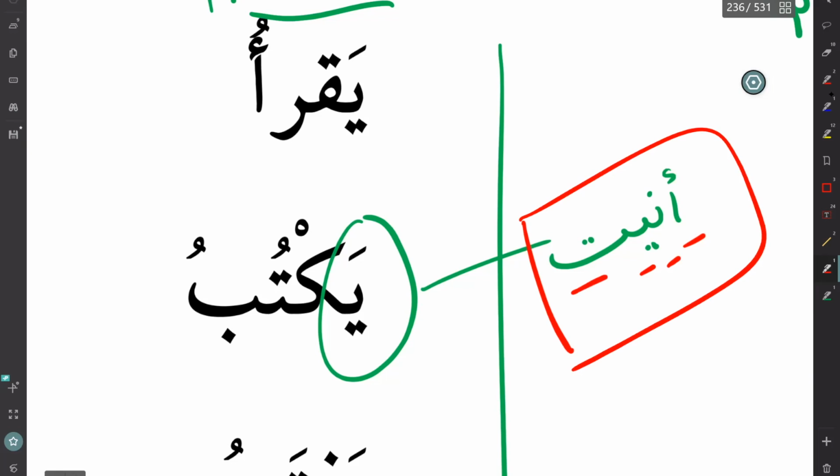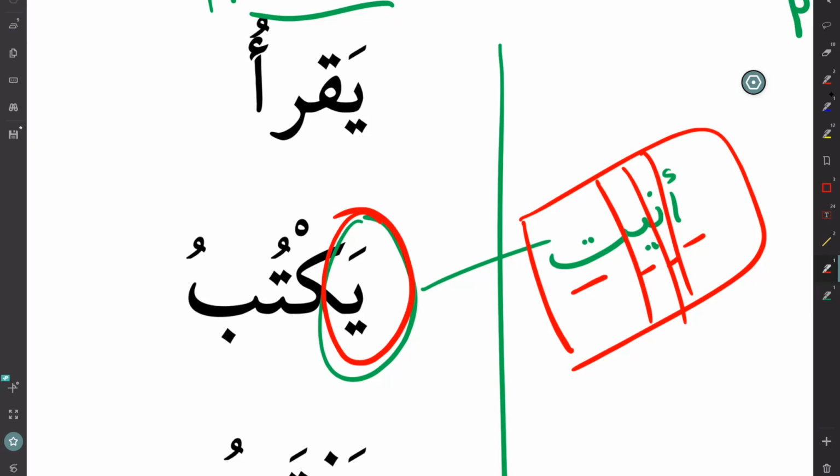Every present tense verb must start with one of these letters. Clearly we have ya, and having this ya is an indication that it is a present tense verb.